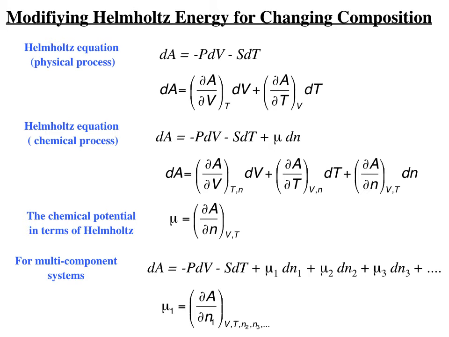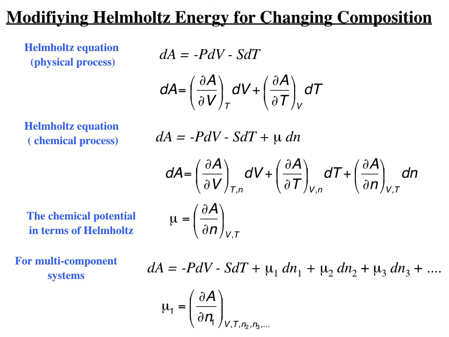So mu is the partial of A with respect to N at fixed V and T if you have a one-component system, but if one component is disappearing, another must be appearing. So the minimum you can have is a binary system where A is becoming B and B is becoming A. So the composition change dN1 is actually equal to minus dN2 when you're doing things like that, as we will see later.